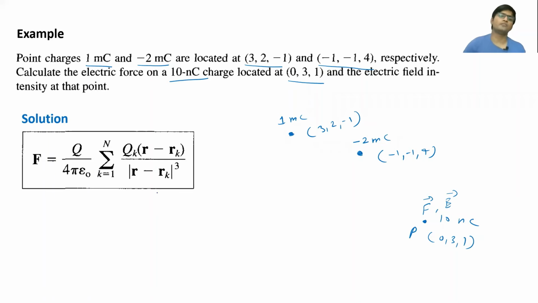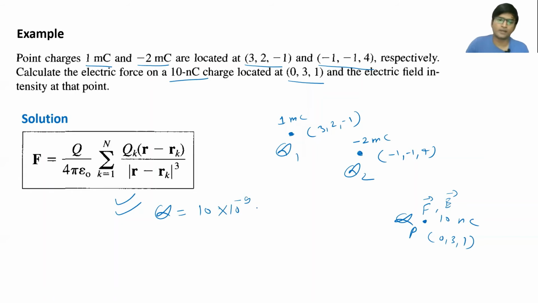So first of all, we will calculate the force, and using that, we will finally calculate the electric field. So we will be using this formula, and since we have got two charges, Q1 and Q2, and the final charge Q at which we have to calculate the force, let us find out some of the values which are already given. The value of Q is 10 nanocoulomb. Nano can be converted to coulomb by multiplying by 10 to the power -9.